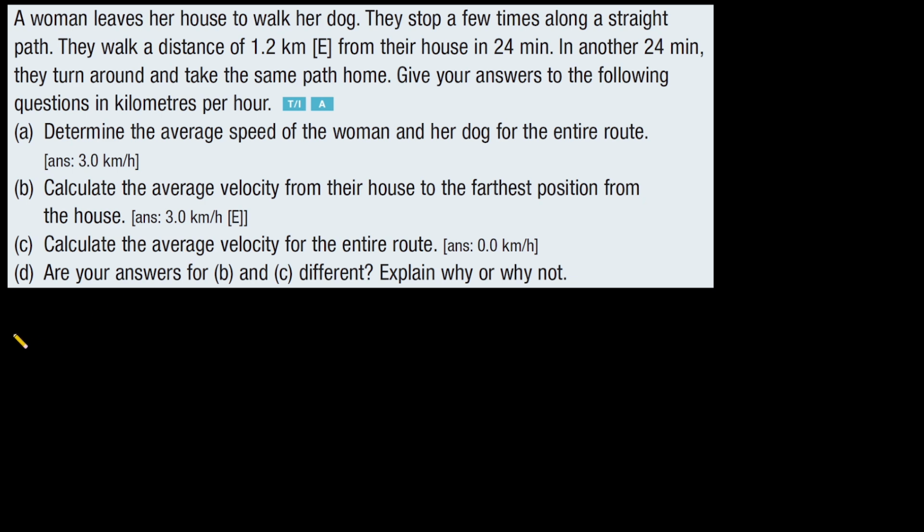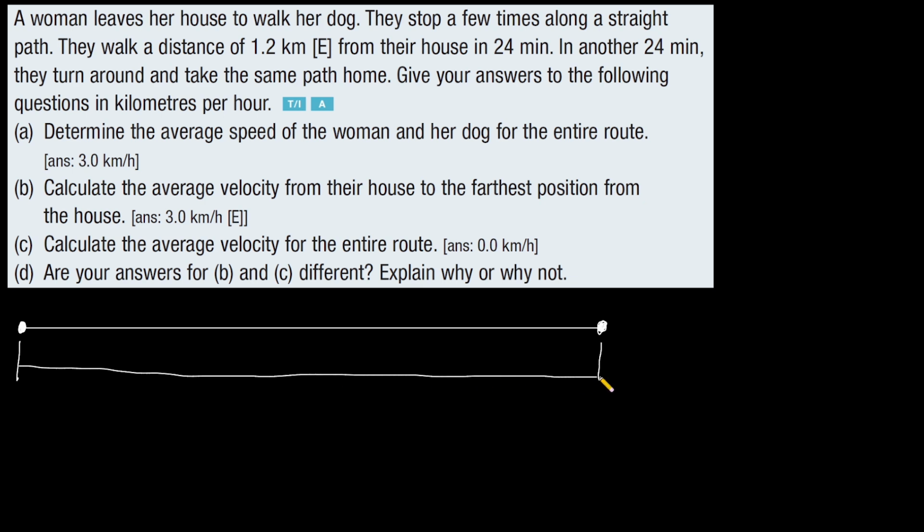So I answer this question. They walk along a straight line, so it is a one-dimensional motion. Their home is here, and the farthest position is here. The distance from their house to the farthest position is 1.2 kilometers.